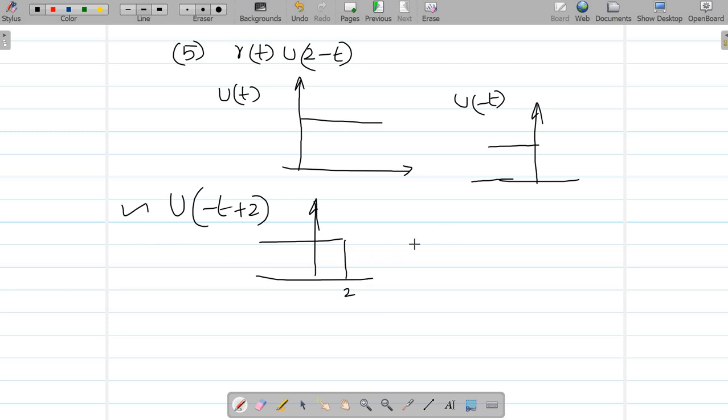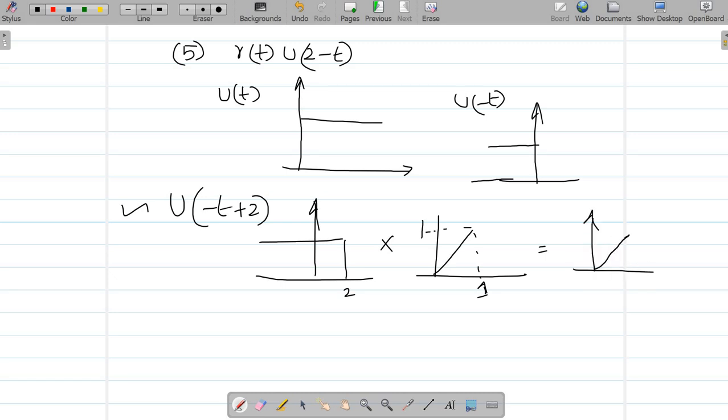So r of t is something like this. It is 1 here and it is 1 here. When you multiply these two signals, you end up getting this.